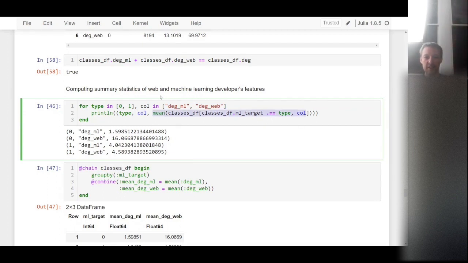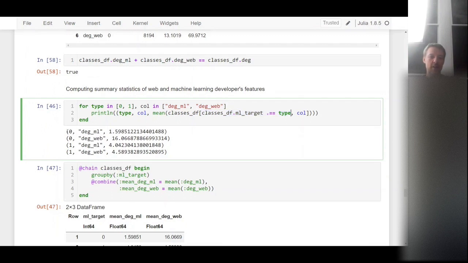And here, I calculate the mean of the column that is passed. This column is either web or ML, but only if the target matches the type. So I filter out first only machine learning developers and check the mean of their machine learning friends, and so on and so forth.